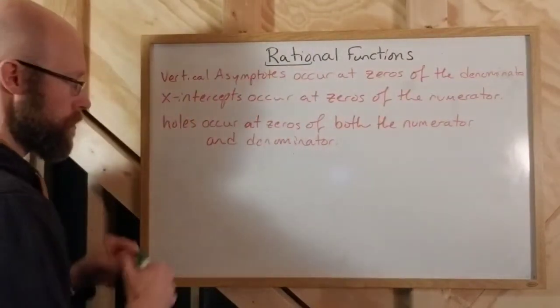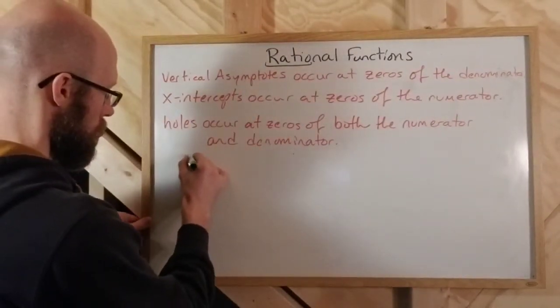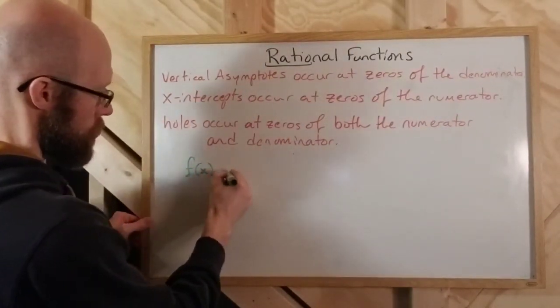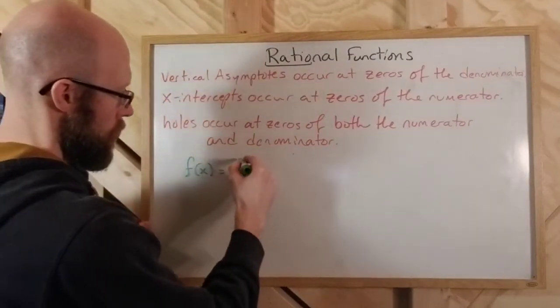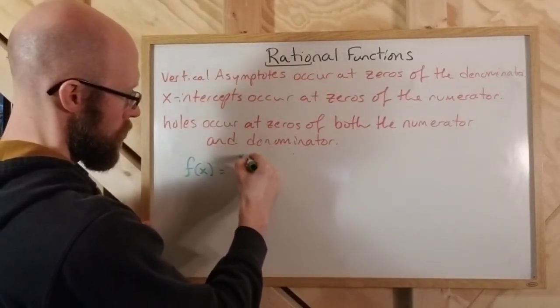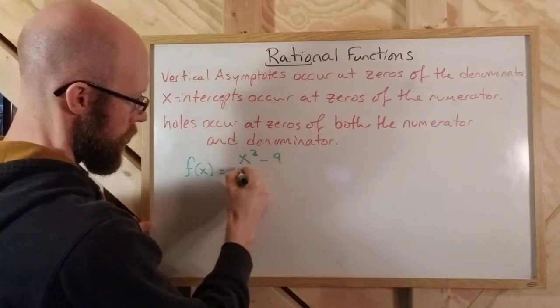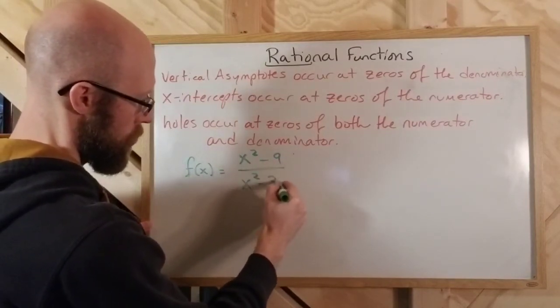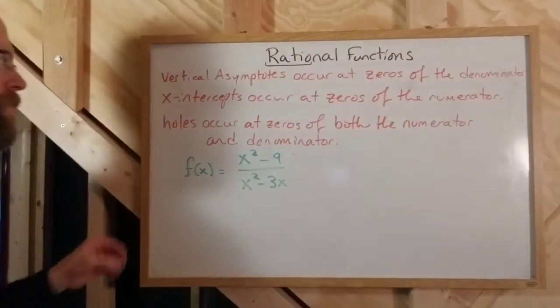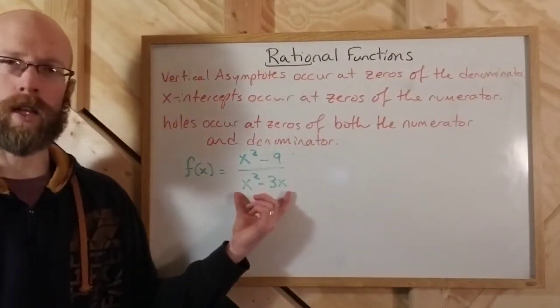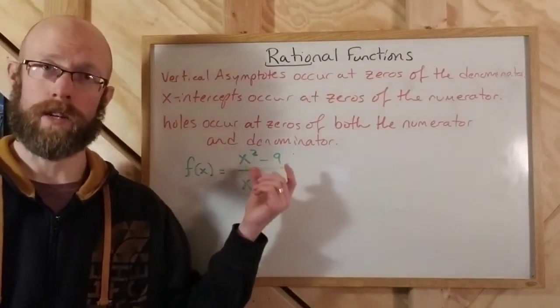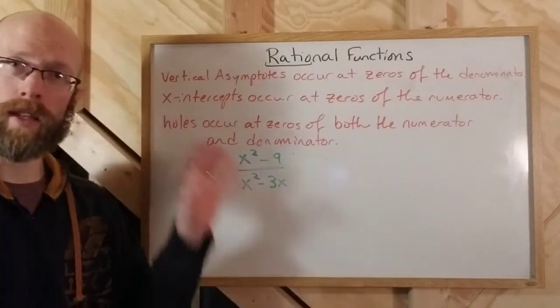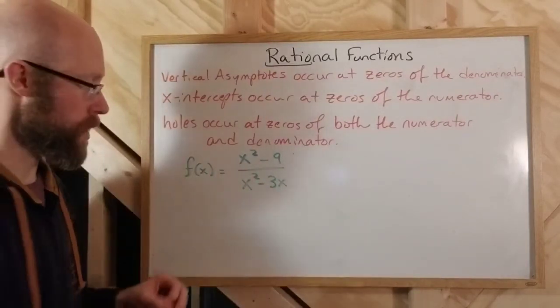So as an example, if I had the function f of x equals x squared minus 9 over x squared minus 3x, then all I need to do is again find the zeros of both the top and bottom and then just categorize things as needed.